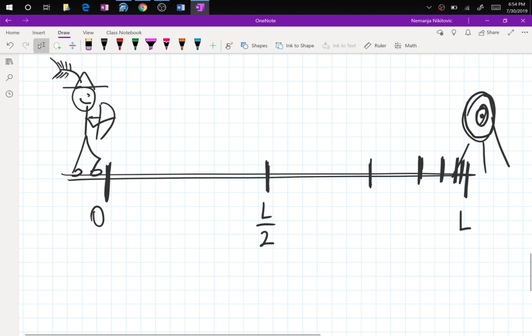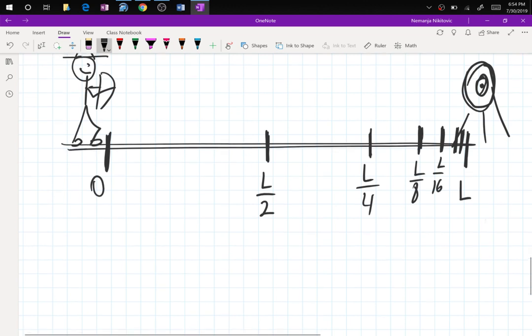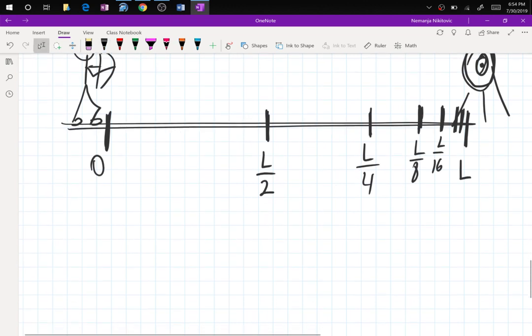So in your 20 years of experience, you know that you should duck or catch the object the way you did. Now, if I look at this, this sits at a quarter mark, this sits at the 8th mark, this sits at the 16th mark. If I factor out L, isn't this the sequence we had earlier of 1/2, 1/4, 1/8, 1/16?